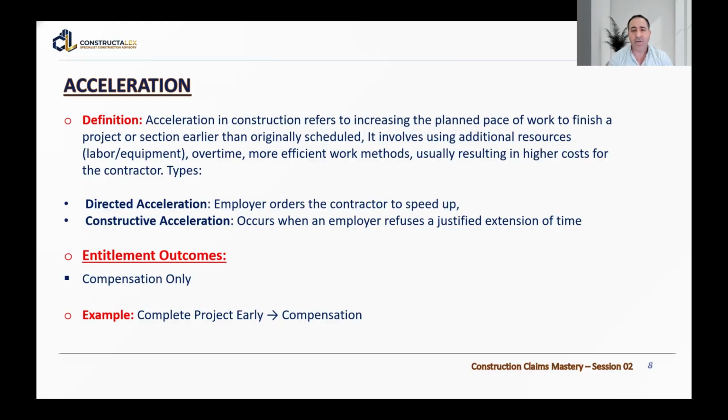So the contractor submits an extension of time that is valid, strong, and justified, but for any reason the engineer and the employer insist on rejecting this extension of time, and the contractor decides to accelerate the work to avoid liquidated damages.